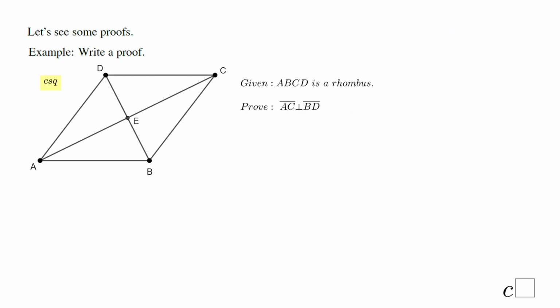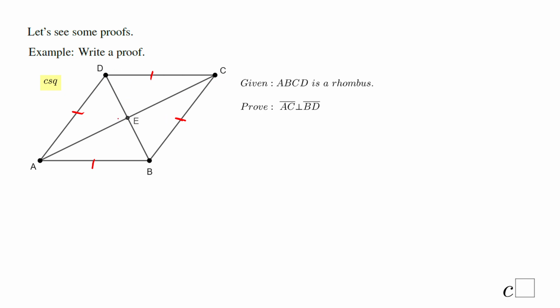In the last part of the lesson, we're going to take a look at some proofs, so let's look at this one, which says write a proof. We can choose a 2-column proof or a flowchart, and we know ABCD is a rhombus. All sides are congruent. We need to prove that AC is perpendicular to BD.